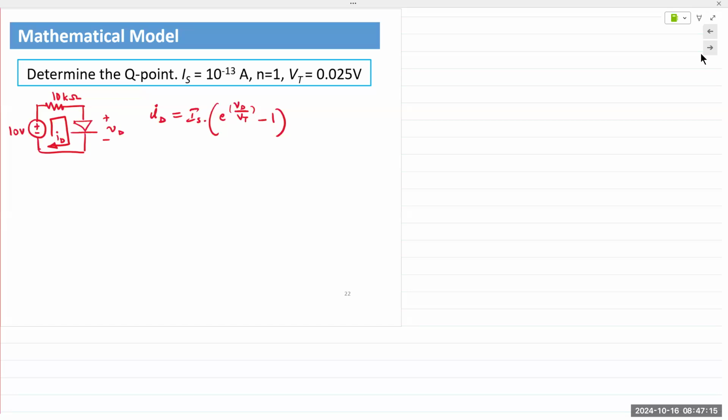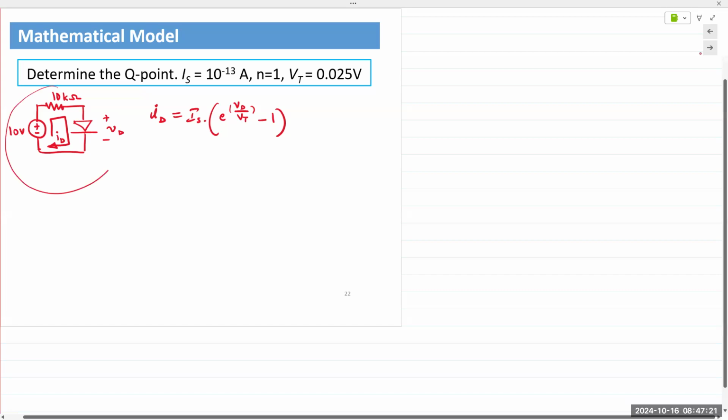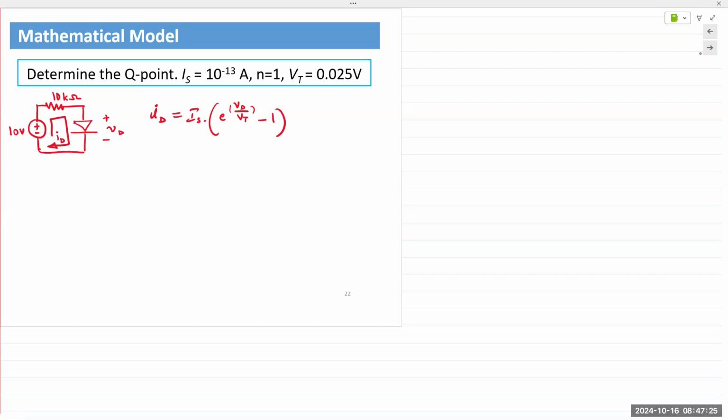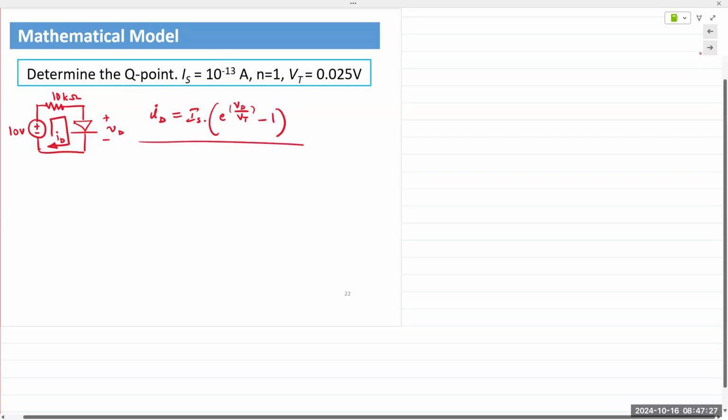So if I was to write an expression for the current ID as part of the circuit, this is the standard diode equation, of course. ID from the circuit here is simply the voltage source, 10 volts, minus VD, over 10,000.